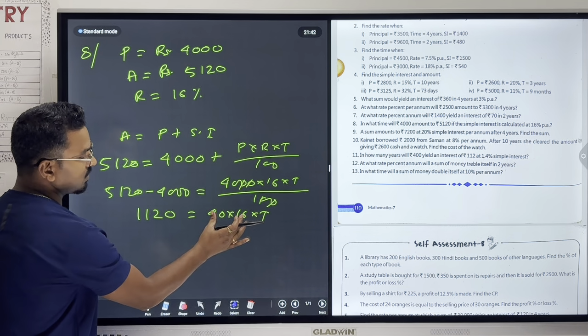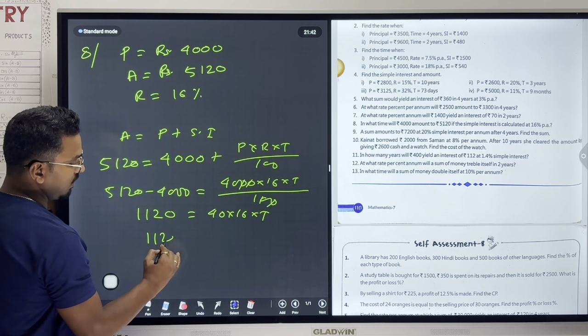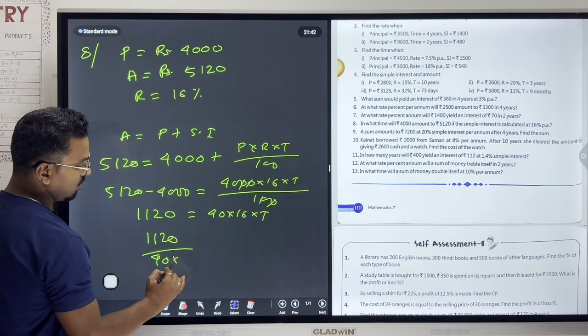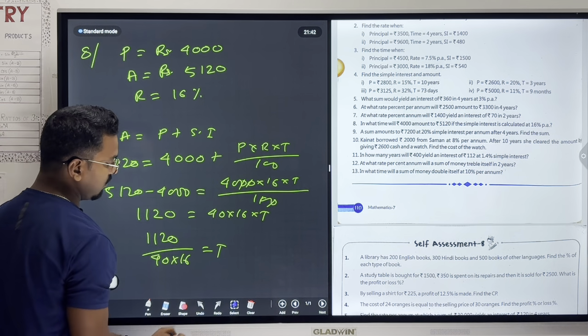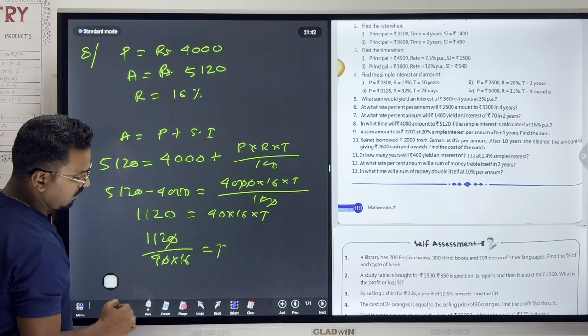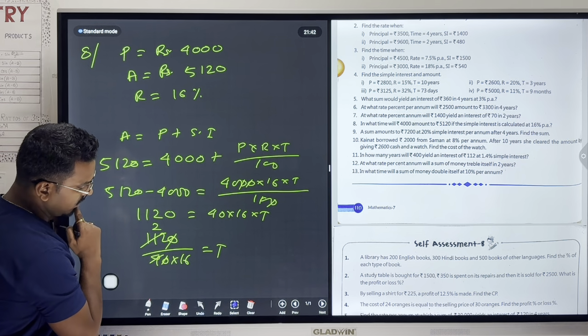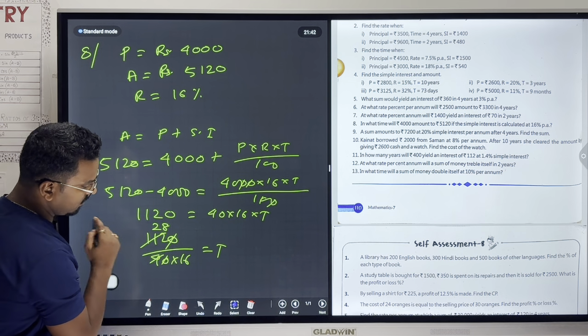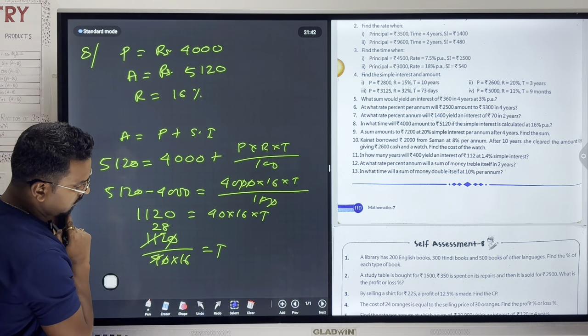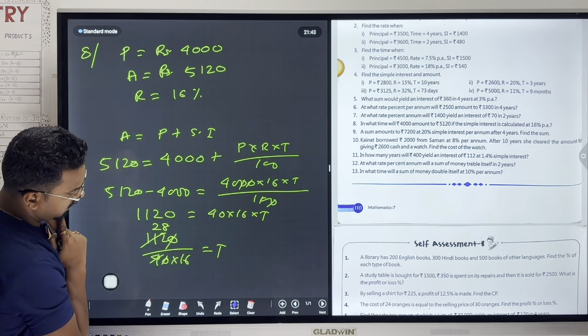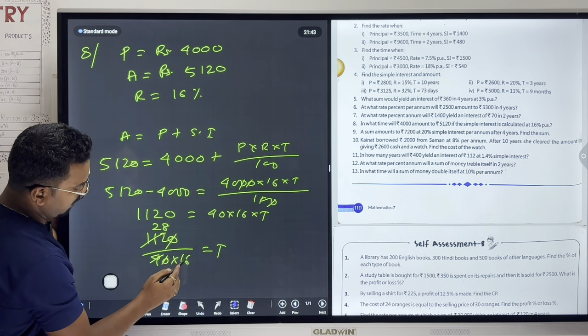So shift this to the other side, it will come to the denominator.